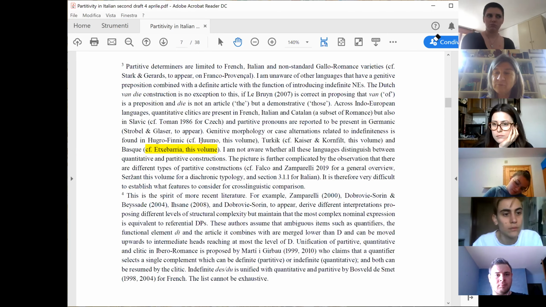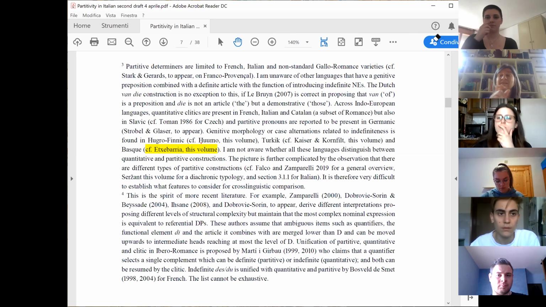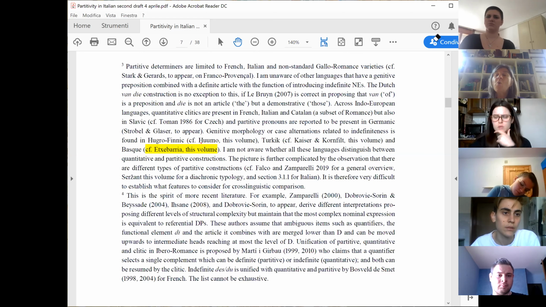"Wenn ihr isst..." In German, "wenn Sie Fleisch essen," polite form? Or how do they say? "Wenn ihr dieses Fleisch esst." "Dieses Fleisch." "Das Fleisch." And not "von diesem Fleisch." No.